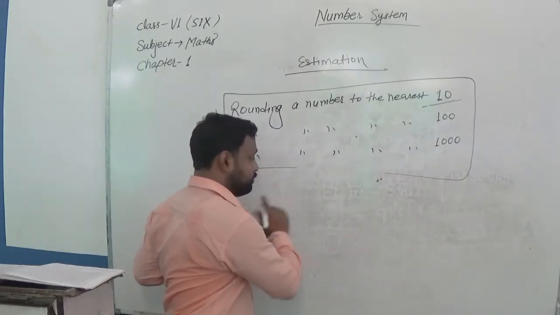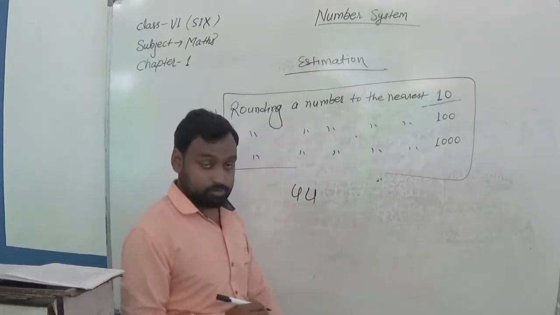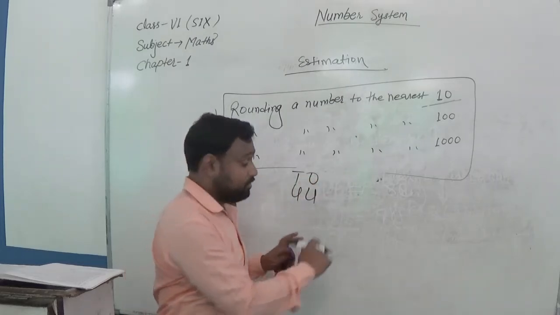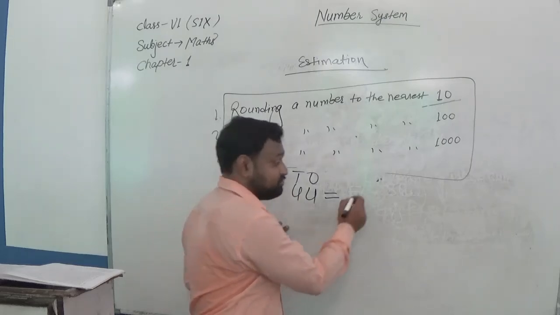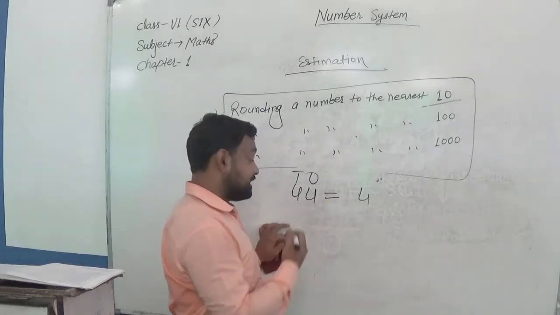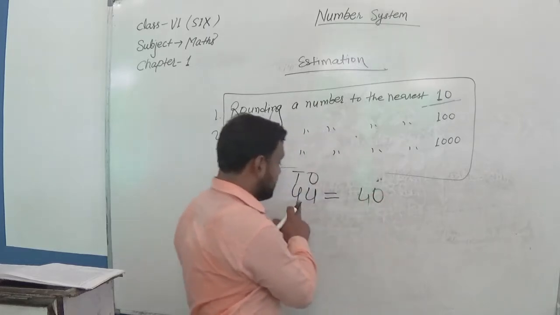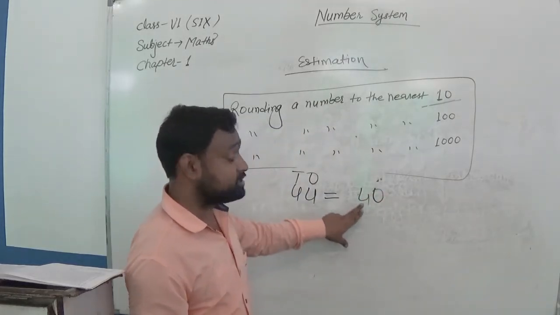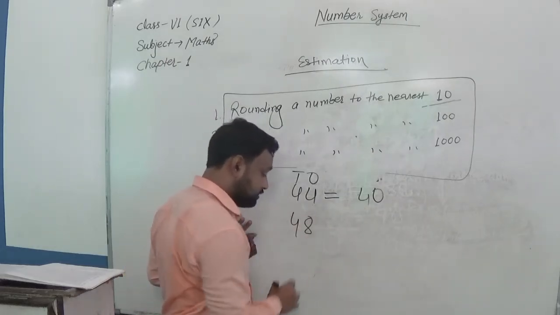So suppose we have 44. When the digit at the ones place is less than 5, we keep the digit at the tens place or other digit unchanged. 4 will be 4 also, and the digit at the ones place is replaced with 0. We have the rounding of 44 to the nearest 10 is 40. Suppose we have 48.